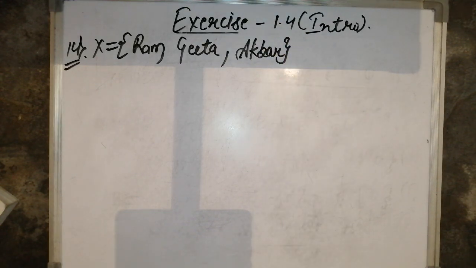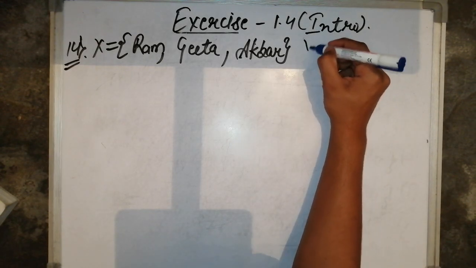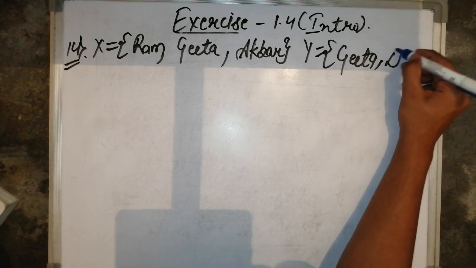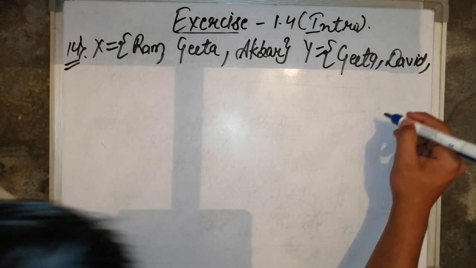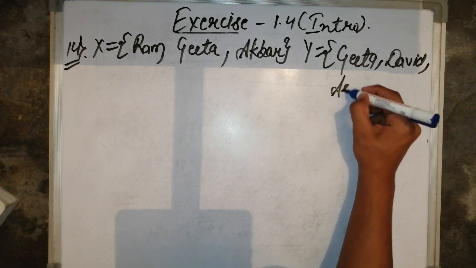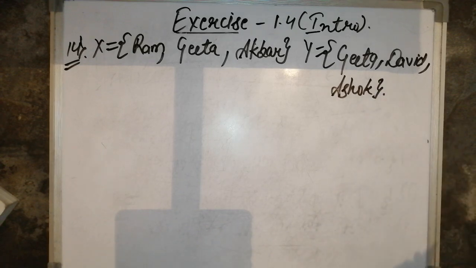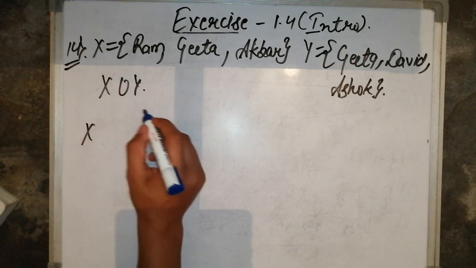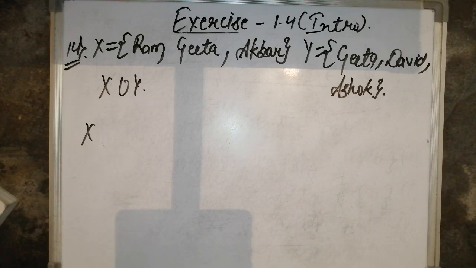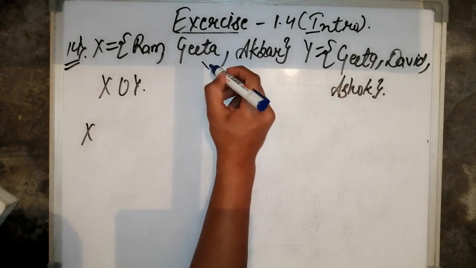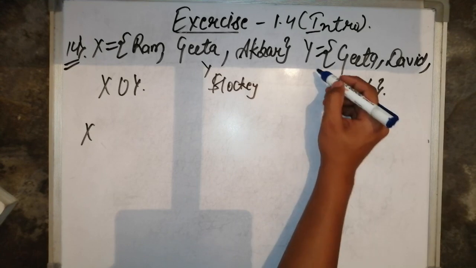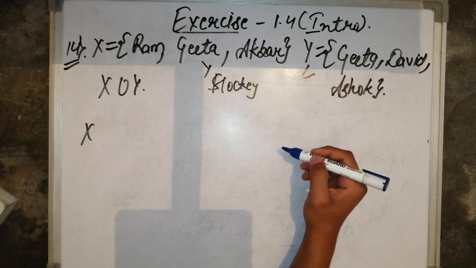X is Ram, Geeta, Akbar. And Y set is Geeta, David and Ashok. What we need to find out is X union Y. Note that the X set is the students of class 11 who are in the school hockey team, and Y is for football.